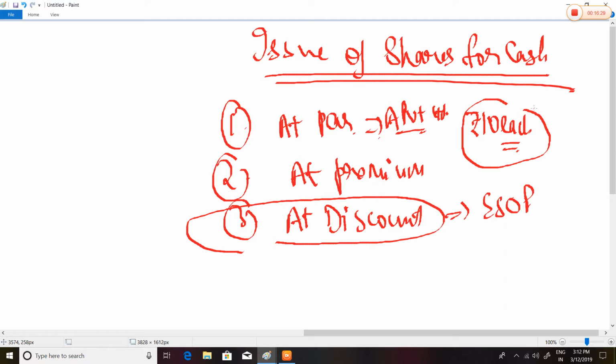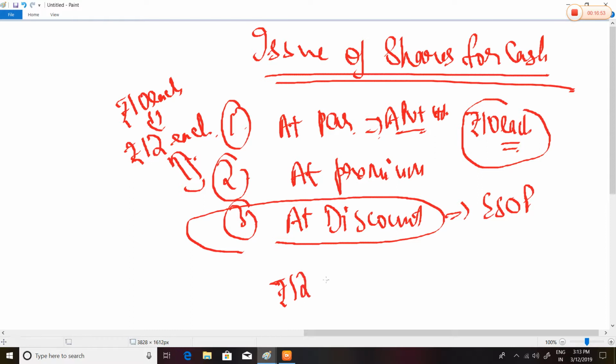premium and no discount. Now, what is premium at time of issue? Let's say the authorized share capital consists of equity shares of rupees 10 each, and the company issued, for example, the shares at rupees 12 each. Then rupees 2, that is rupees 12 minus rupees 10, rupees 2 is our premium.